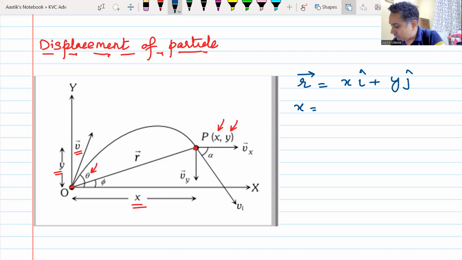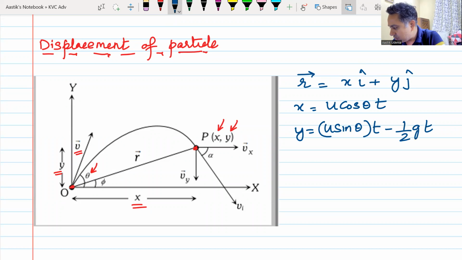This x will be equal to u cos theta multiplied by t, and this y will be equal to u sine theta multiplied by t minus half g t square. Do we understand this? Raised hands will give me more confidence that we are on the same page.